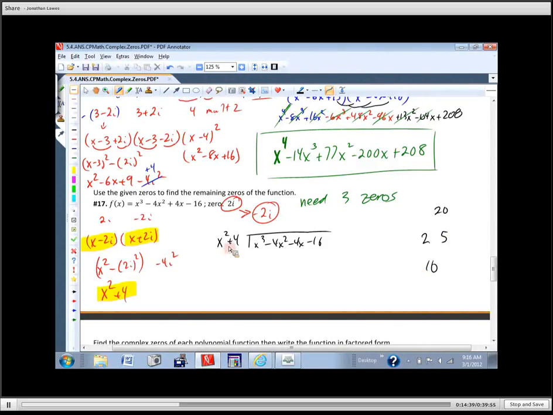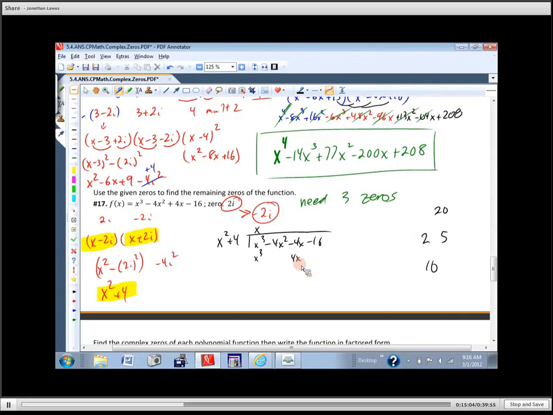So, what do I multiply x squared by to make it an x cubed? Multiply by an x. By the way, why am I not doing synthetic division? You can't do it with an x squared. Very good. So I multiply here, I get an x cubed, and now careful here, this is a 4x. Where do I put it? Right here.